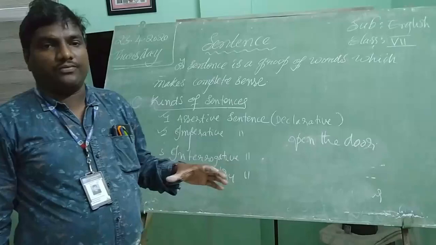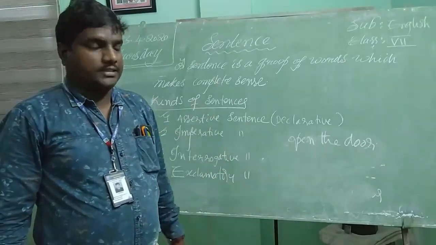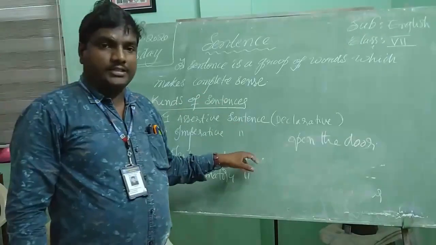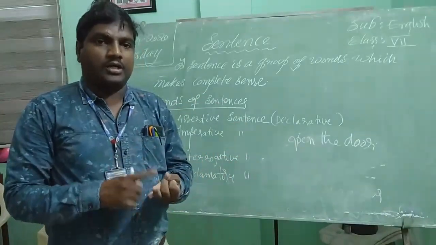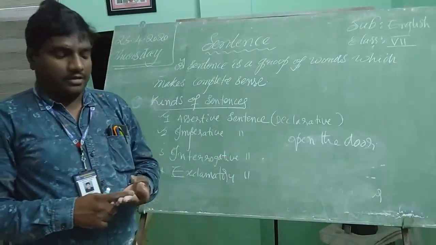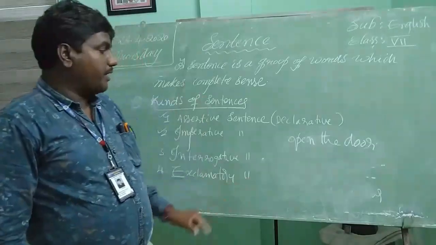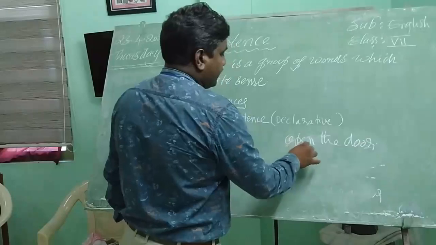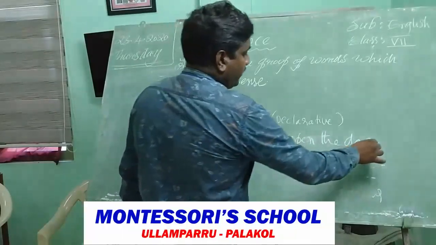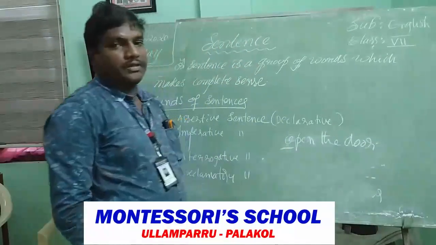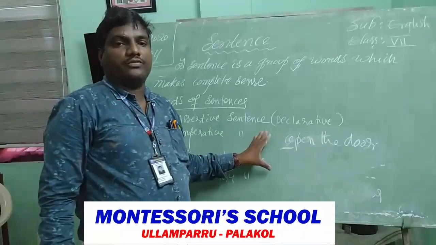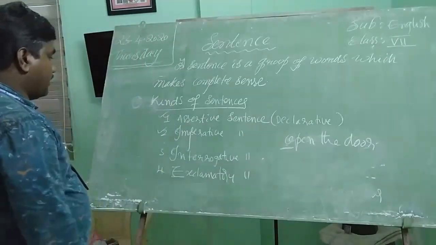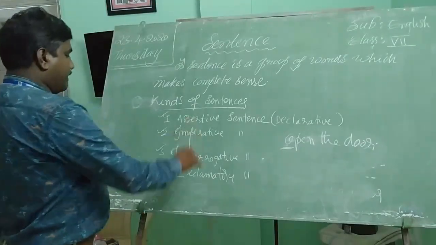These are the examples of a polite sentence. So in this way, an imperative sentence indicates command, order, request. An imperative sentence starts with a capital letter and ends with a full stop. These are the examples of imperative sentence. Right? Next, let's move on.